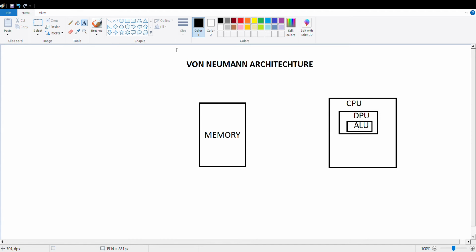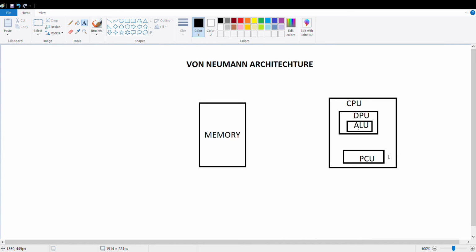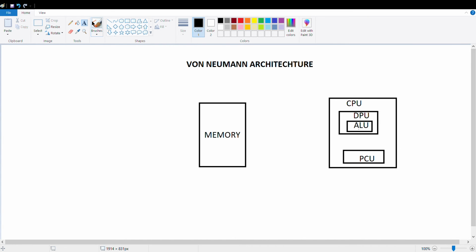And the other block in the CPU is the PCU. I hope you all also know this PCU, though we'll discuss what is meant by PCU, DPU and ALU. So we all know that.